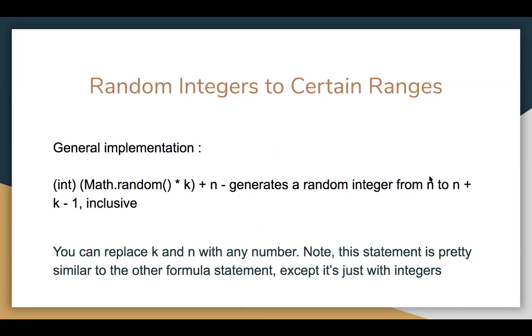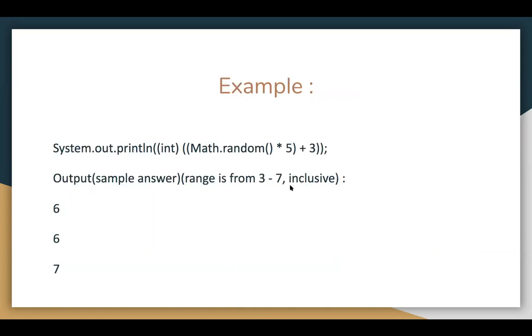In this case, the range would be from 3 to 3 plus k, which is 5, which becomes 8 minus 1. So that's 7, and it becomes from 3 to 7. You can see here that it's 3 to 7 inclusive for this range. And sample answers, you get 6, 6, and 7, since you cast it to an integer.